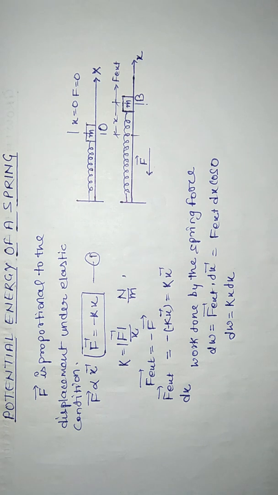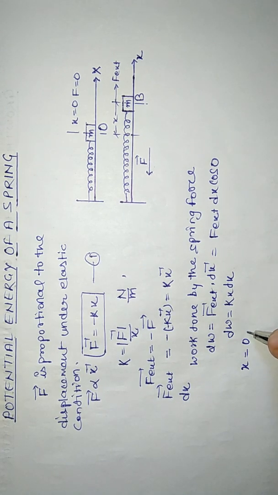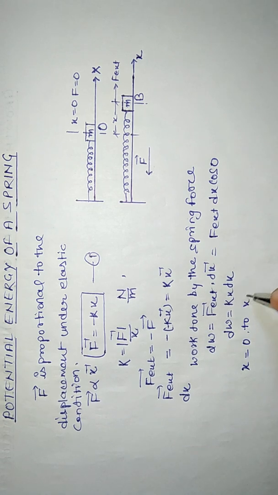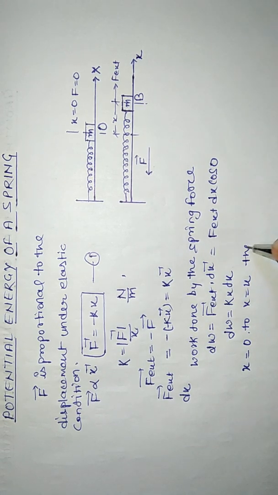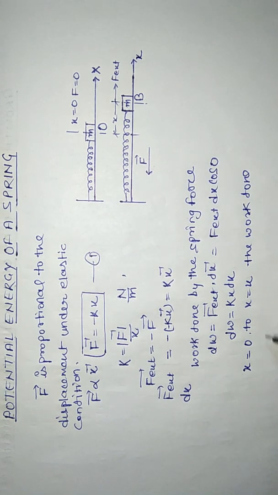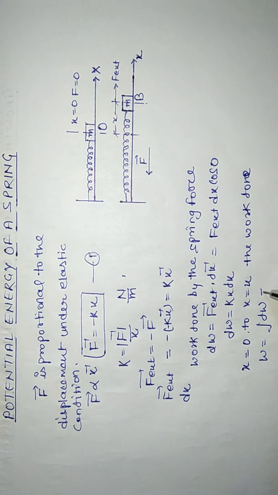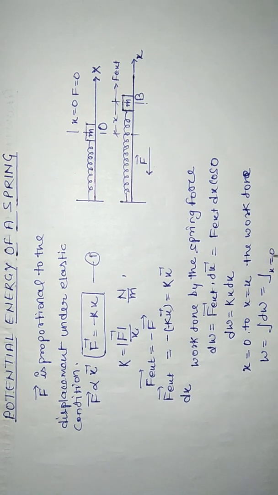So the total work done to stretch the spring from the normal position to a distance x, meaning from x equals 0 to x equals x, can be obtained by integrating kx dx within the limits 0 to x.